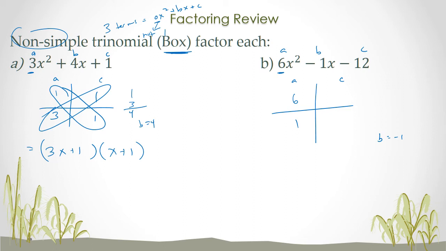Okay, so we know 12 and 1 doesn't work. Let's try 6 and 2. 6 times 6, 36. 1 times 2, 2. Definitely not getting -1. Let's try 2 and 6. That's 12 and 6. Nope.